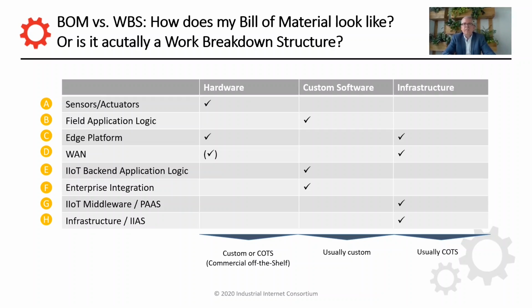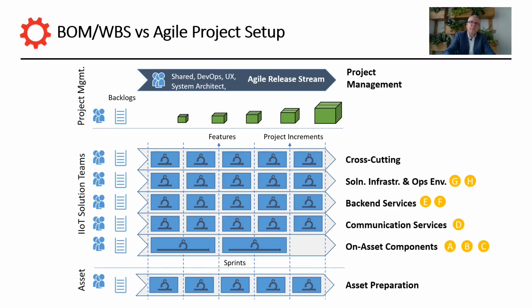So each of these different things is going to have different sources that you need to source them from, and also different levels of readiness when you buy them. So some of this is going to be fully ready-made, commercial off the shelf. Others are custom solutions where you actually need to acquire, for example, a system integrator to deliver this for you.